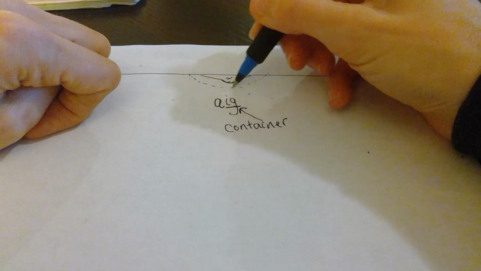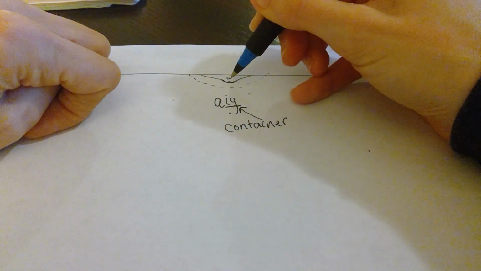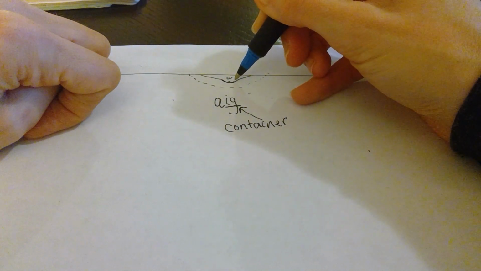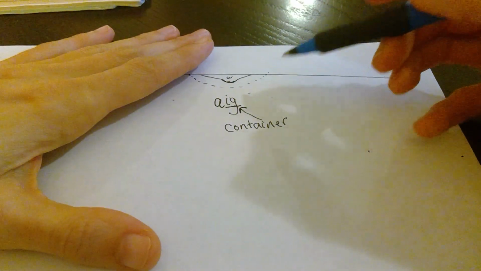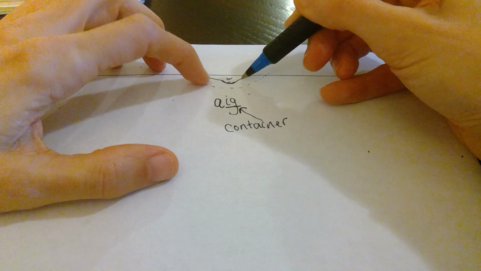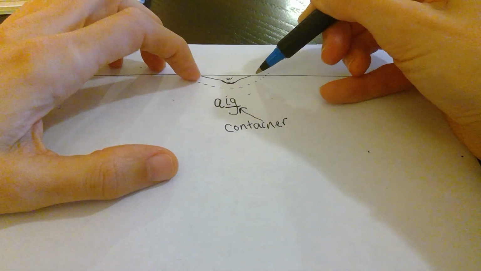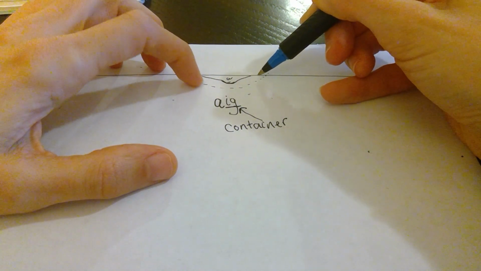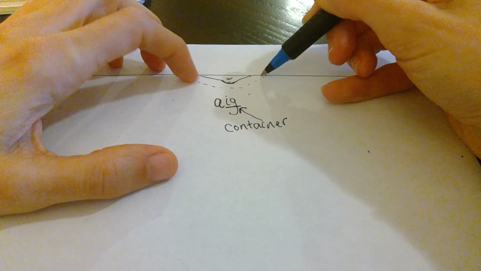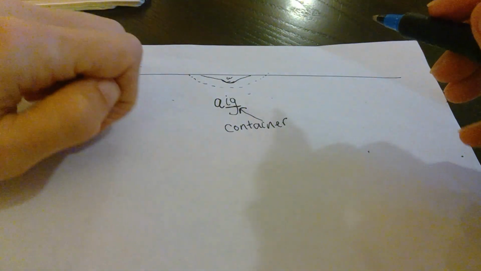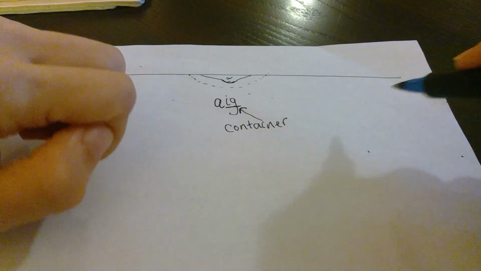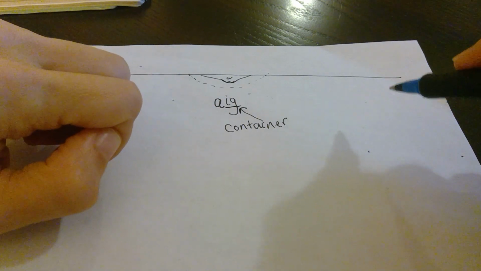This sway is containing this A. Now I can only have container rhythms if the edges are present. Okay? If the edges are present. Two containers cannot contain each other.